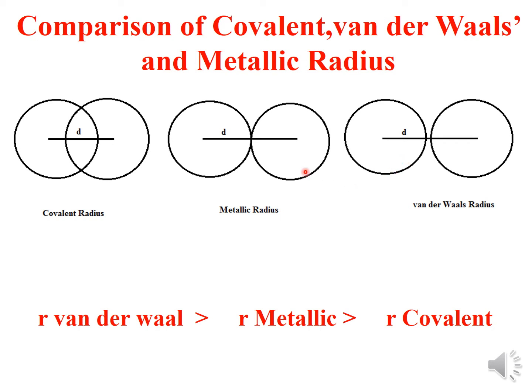In case of metallic radius, there is no gap and no overlapping, so it will be smaller than van der Waals radius. In case of covalent radius, there is overlapping, so covalent radius will be smaller than metallic radius. So van der Waals radius will be greatest, followed by metallic radius, and smallest will be covalent radius.